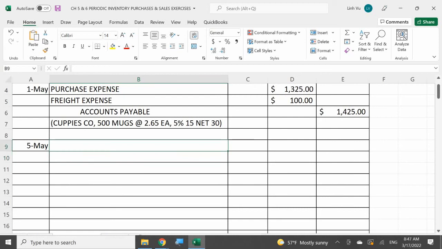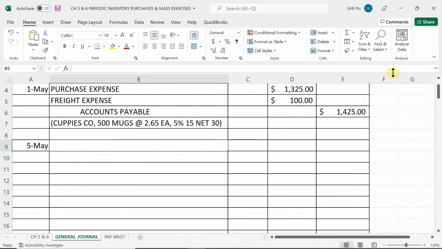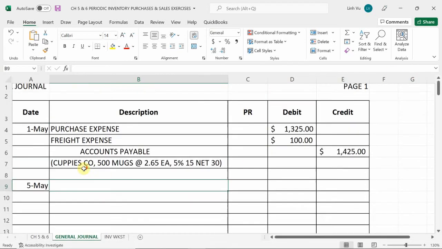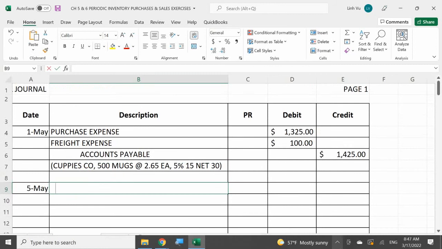Now, how did we pay for the items? We need to decrease our liability here because we never paid Cuppy's Co. So instead of them giving us a refund, they're going to reduce the amount that we owe.